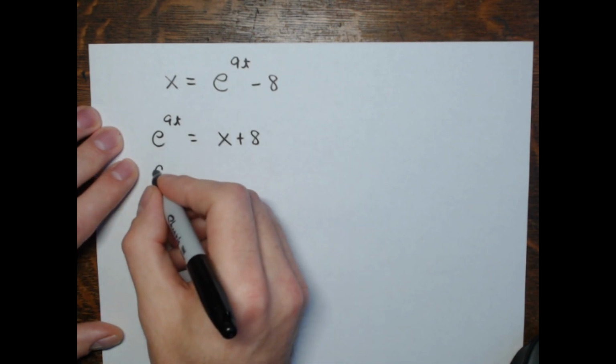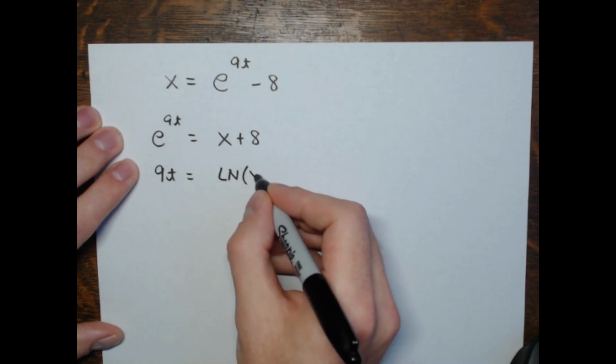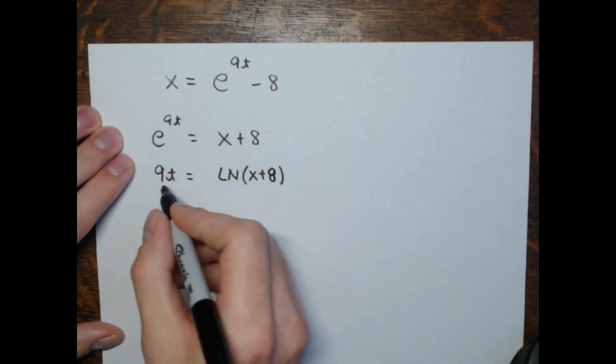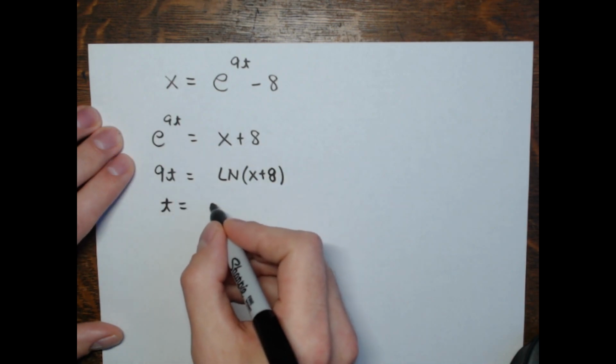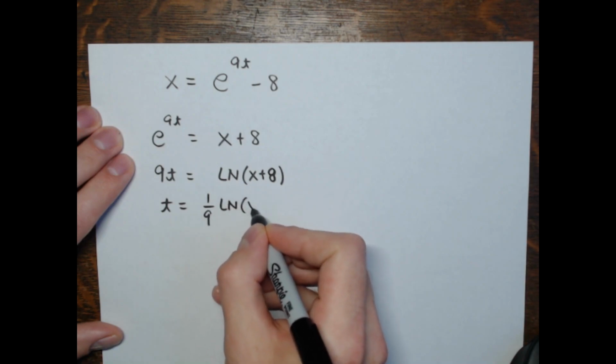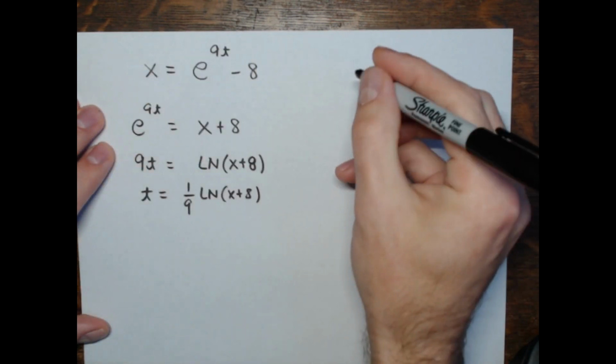Then we do the natural log of both sides and divide by 9. So t equals 1/9 times the natural log of x plus 8. So there's solving for the parameter in the x equation.